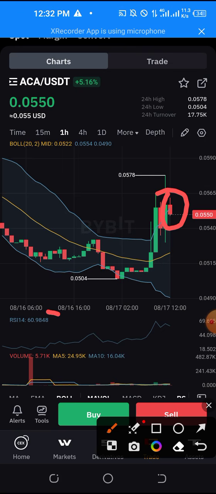You see this RSI is on 60. So if this RSI decides to move to 65, 70, 80, I'll be losing money, because that means the coin is going up. But if the RSI begins to reduce to maybe 55, 50, 45, I'll be making money.